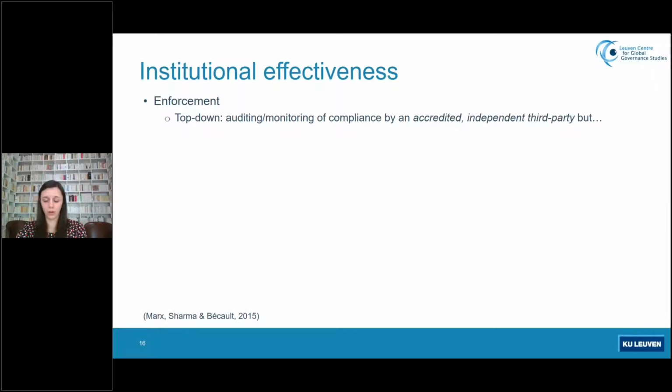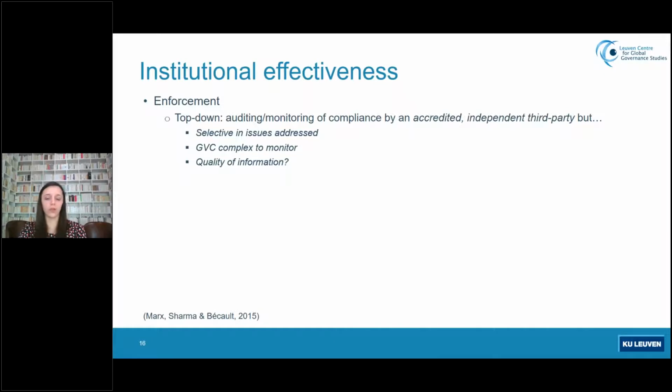But there are also a lot of criticisms about the auditing in VSS schemes. And these criticisms include the fact that auditing can be very selective on some issues. For example, they often pay more attention to some issues such as working conditions or wages, but they are less concerned about issues such as freedom of association, for example.